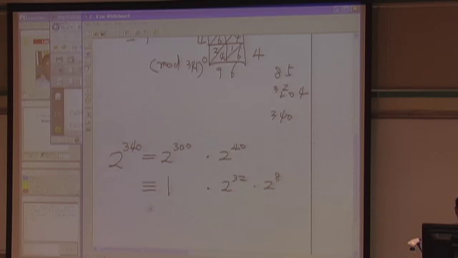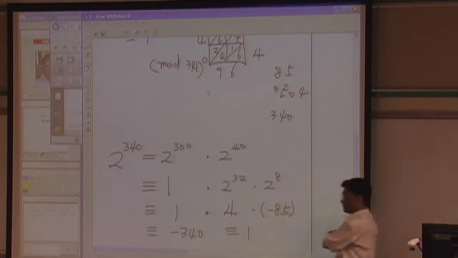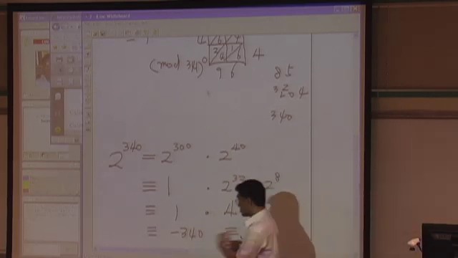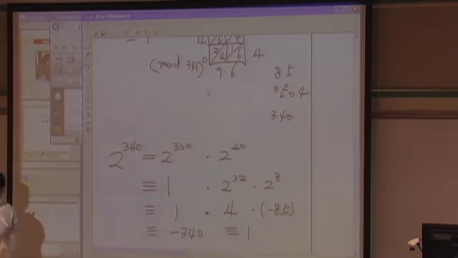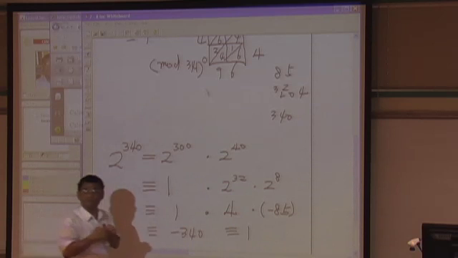And then we now have 1 multiplied by 2 to the power of 32 multiplied by this number. And then this number happened to be negative 340. And negative 340 o'clock is the same as 1 o'clock in this system. So we got the result. Doesn't matter. It's just the same, congruent, right? Like 11 o'clock is the same as negative 1 o'clock.